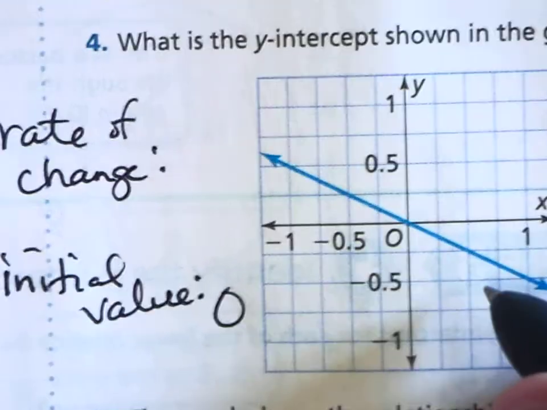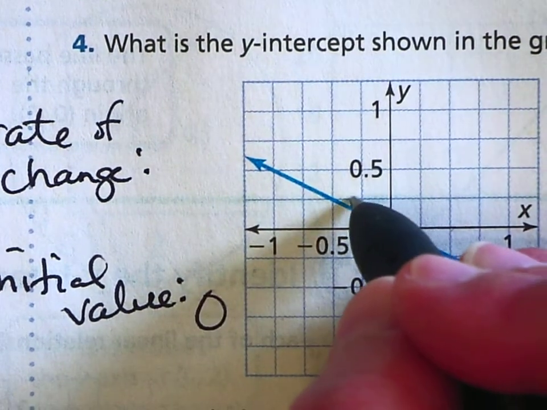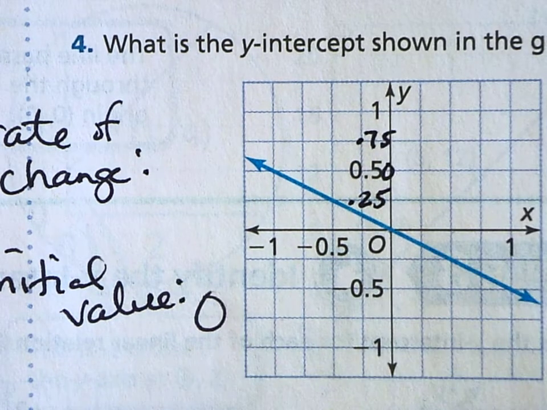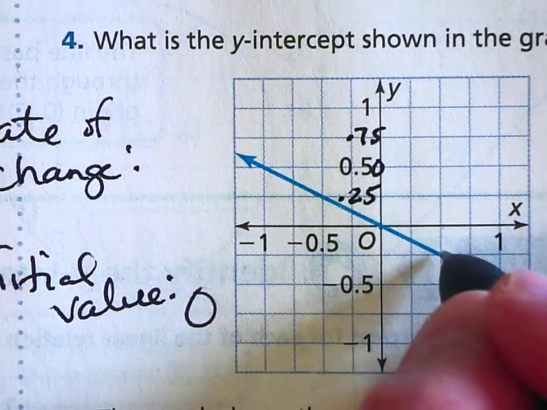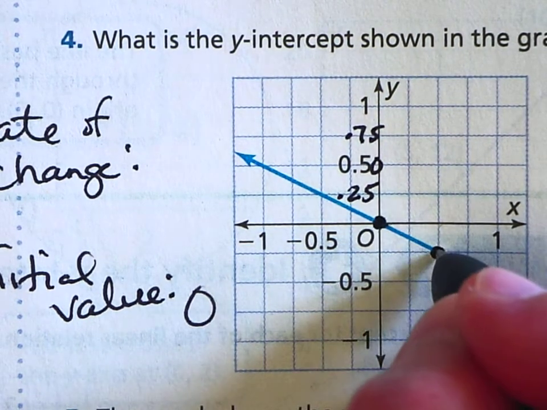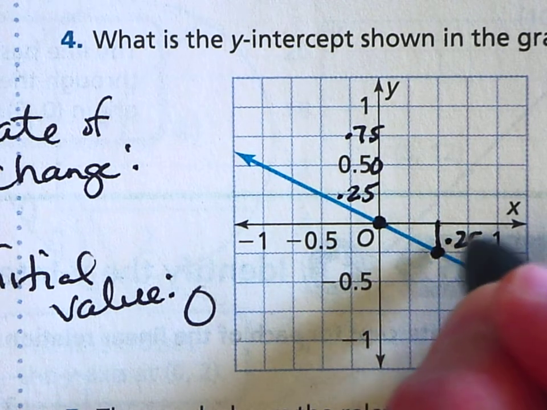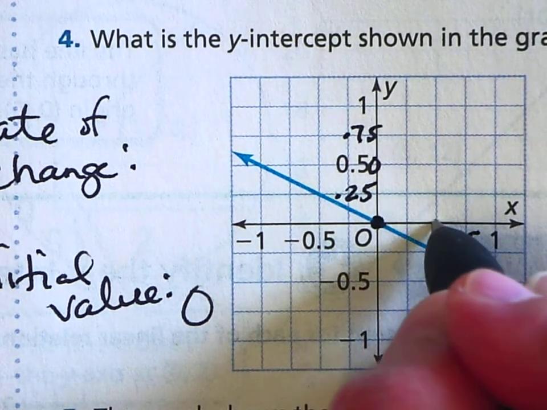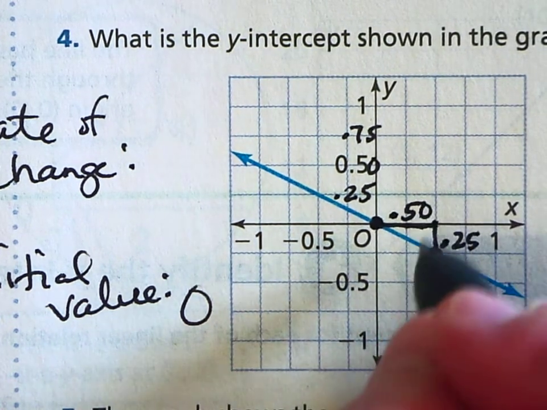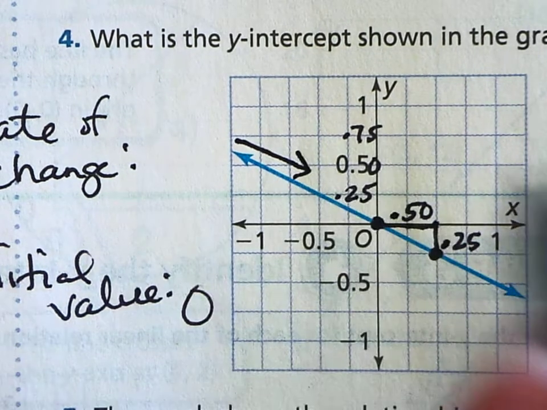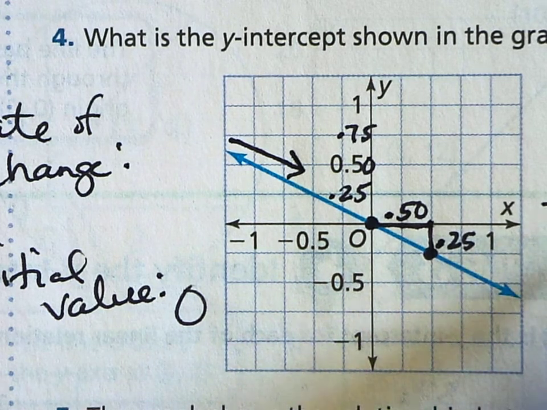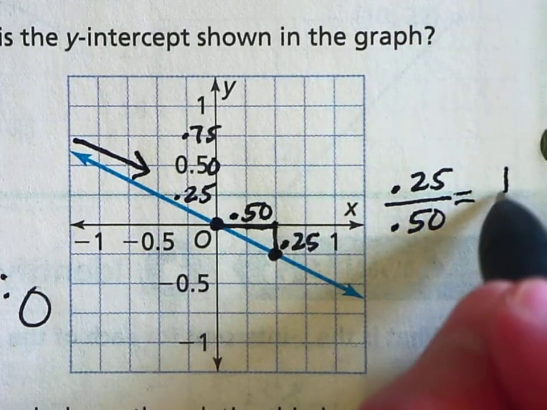So I'm noticing that this graph is counting by quarters. So this is 0.25, 0.50, 0.75, 1. So every line is counting by quarters. Okay, so if I find 2 points on the line to do rise over run, if I rise a quarter, I went only up one line and every line's counting by a quarter, and then over a quarter, 50 cents, so I went over 0.50, and this line is going down, folks, so my rise is 0.25, my run is 0.50, so when you divide that, you get a half.